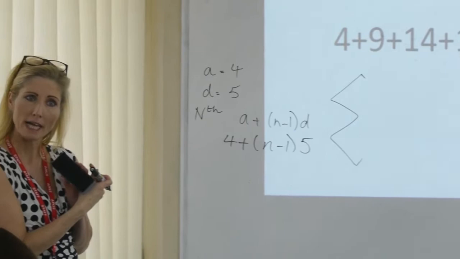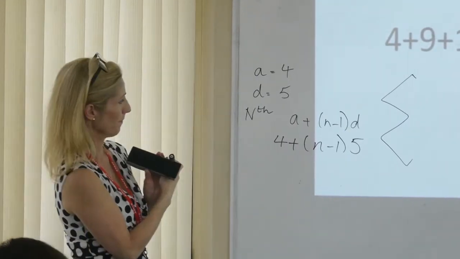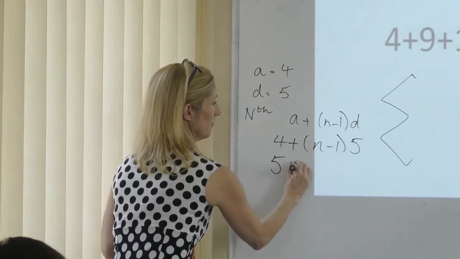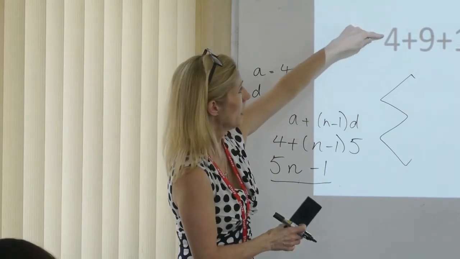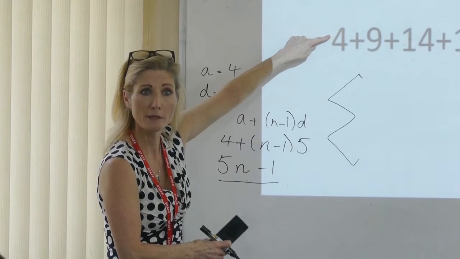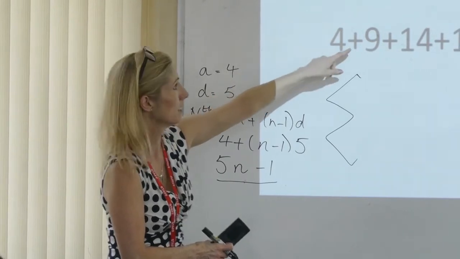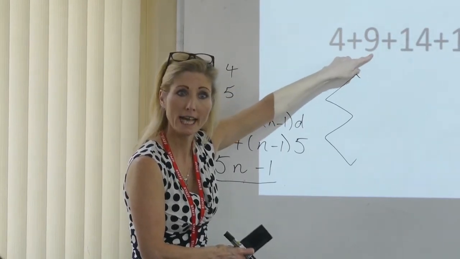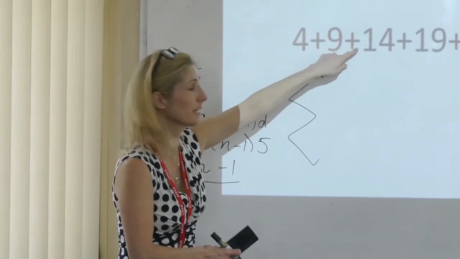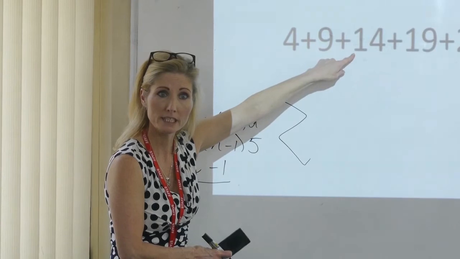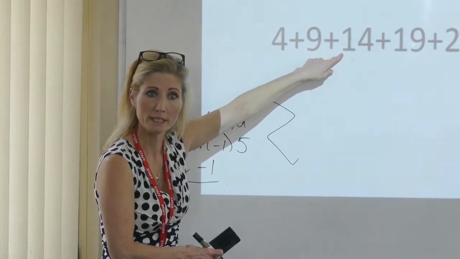Simplify that, what do you get? 5n minus 1. Now if you look at the formula, 5 ones are 5, take away 1 is 4. 5 twos are 10, take away 1 is 9. 5 threes are 15, take away 1, 14.